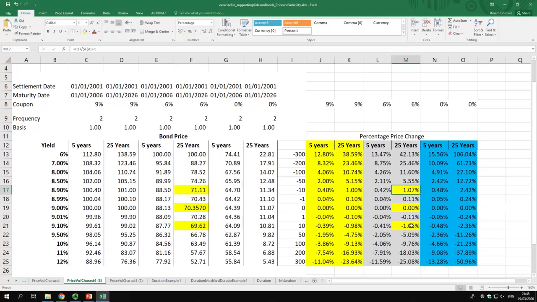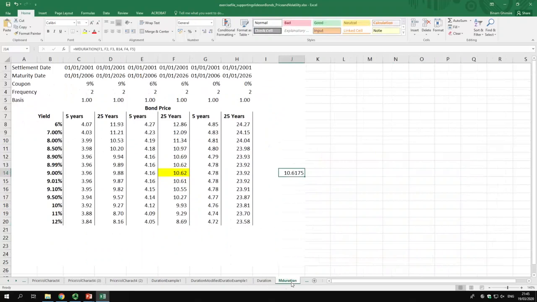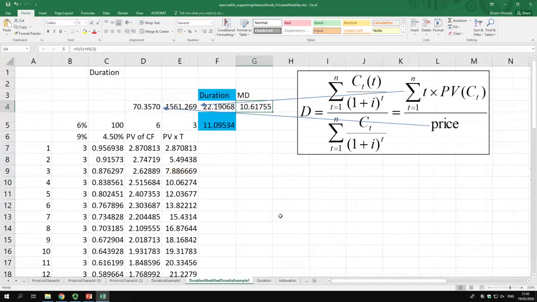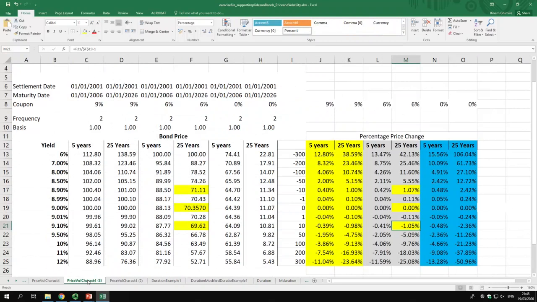So that's something we want to mention. When yield goes up, then we recorded the change is minus 1.05. When it goes down, 1.07.